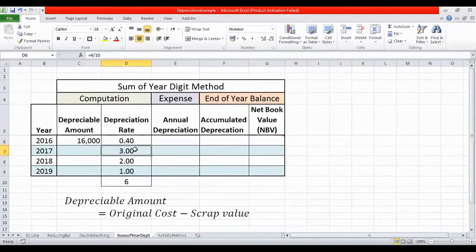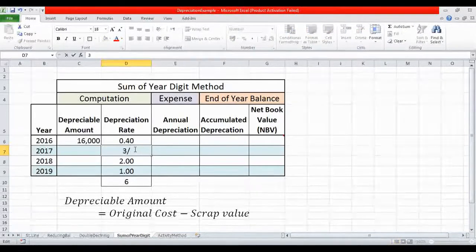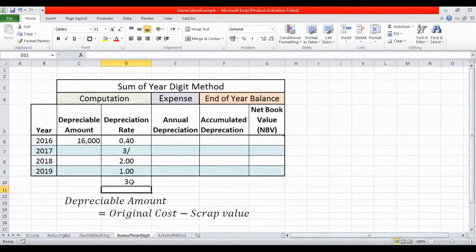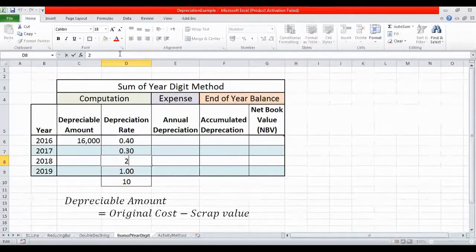Now for the next year, we are going to do exactly the same thing. 3 divided by, sorry, this is 10. So 3 divided by 10. Next 2, again we are going to divide it by 10.